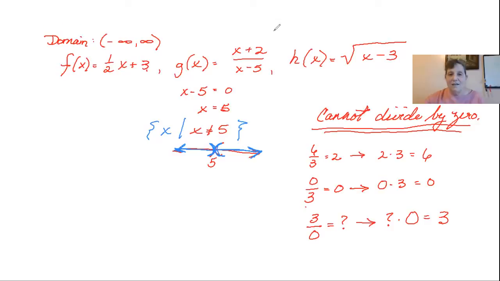I can add, if I so desire, that x is an element of the set of real numbers. Technically, that's a good idea. So add all of this, just put it around here. So this is called the set notation.